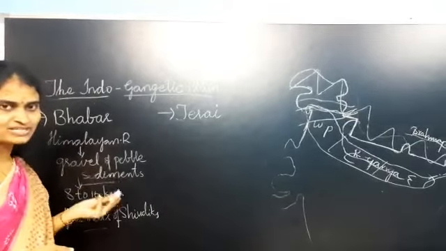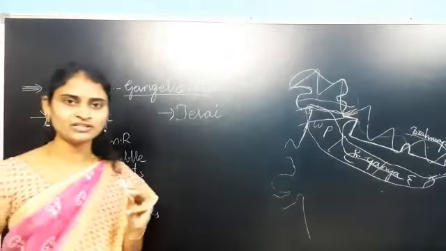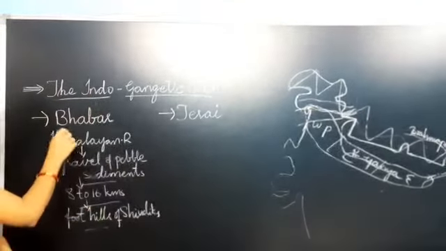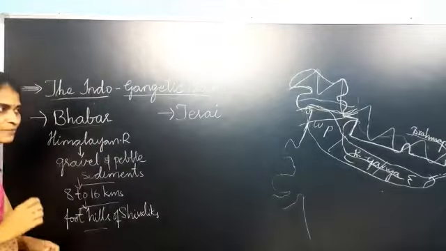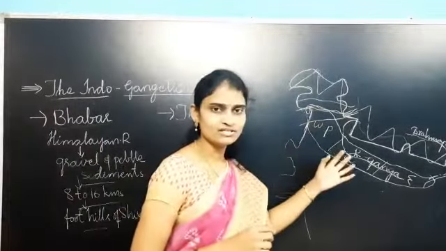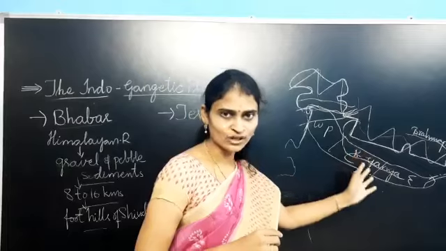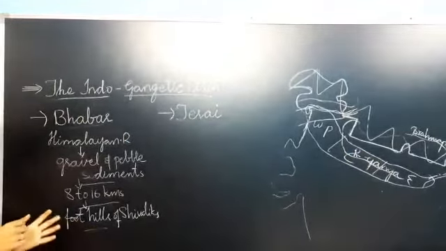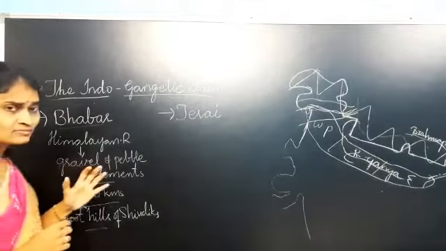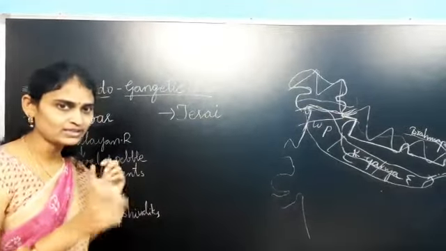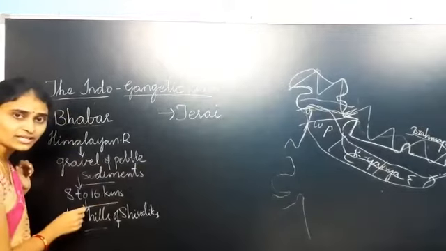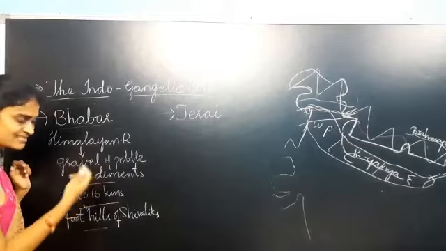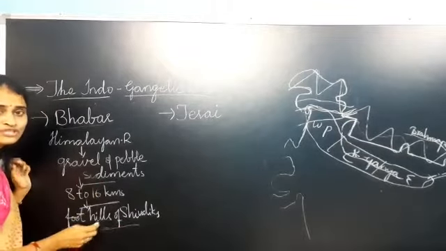First I will explain this. After this I will show you one activity to make you understand about Babur and Terai. What is Babur? Here there are Himalayan rivers. While the Himalayan rivers are flowing down, they deposit gravel and pebble sediments, and these are formed as a narrow belt that is 8 to 16 kilometers of width, where it deposits the sediments at the foothills of Shivaliks.